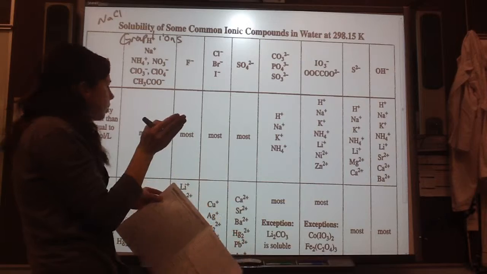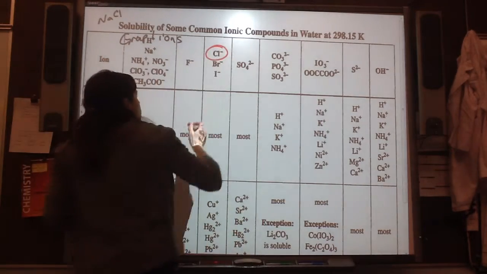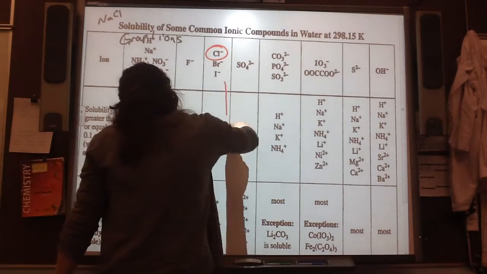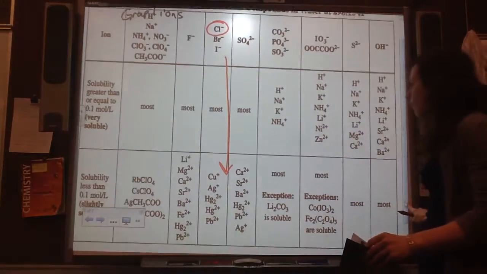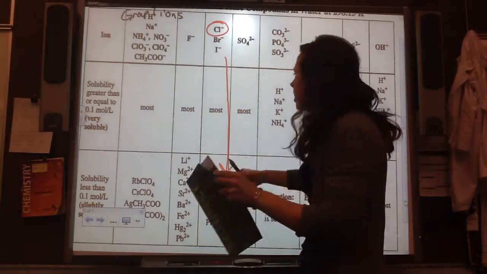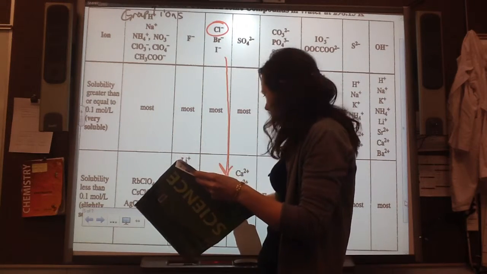Okay, let's say we picked chlorine. So chlorine is in our compound, so I picked chlorine. So that's in the top row. Then you go down that column to find the other one, so to find sodium. Now here it says most, and then it has a couple others listed.